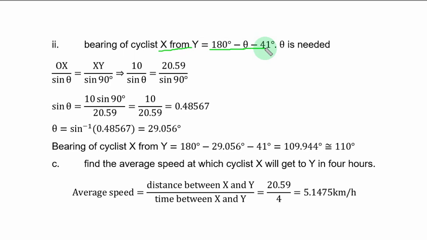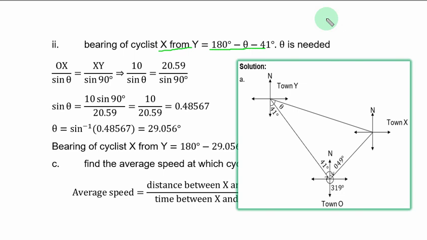So let us have the diagram for better understanding of this part. The bearing of cyclist S from Y: from Y, you start from the north to the line that joins cyclist S and Y together.